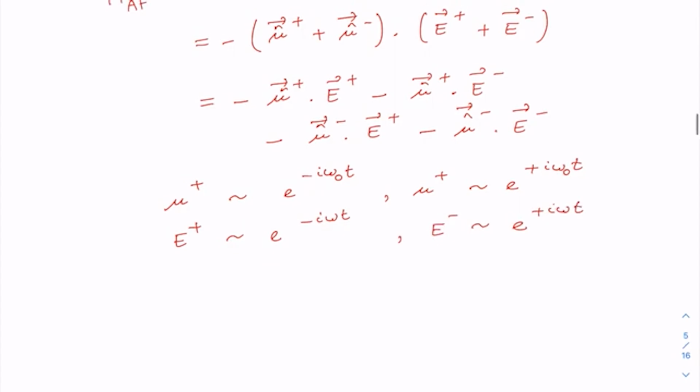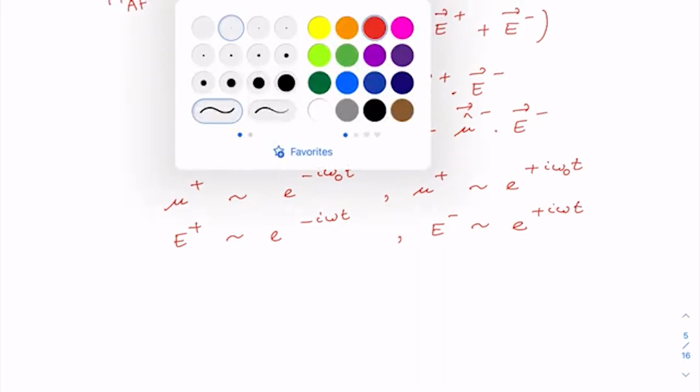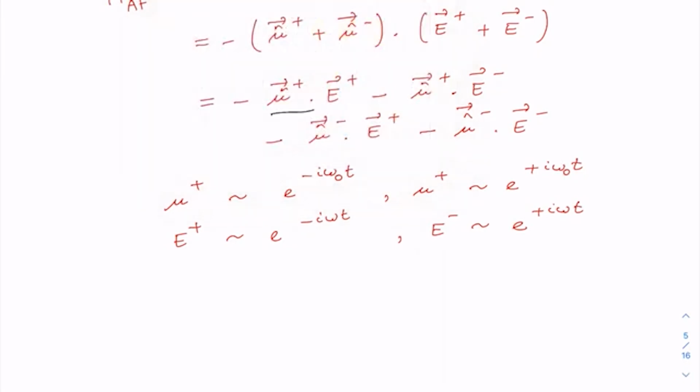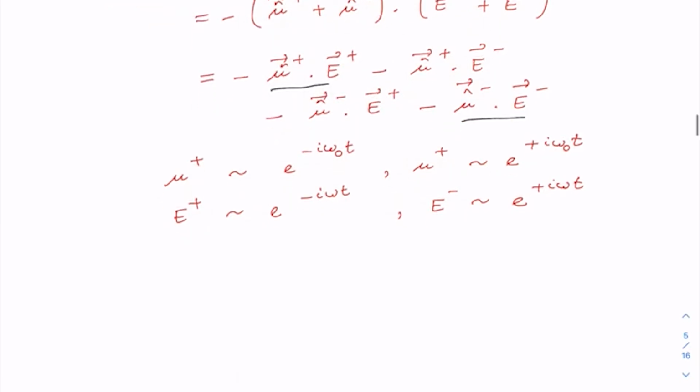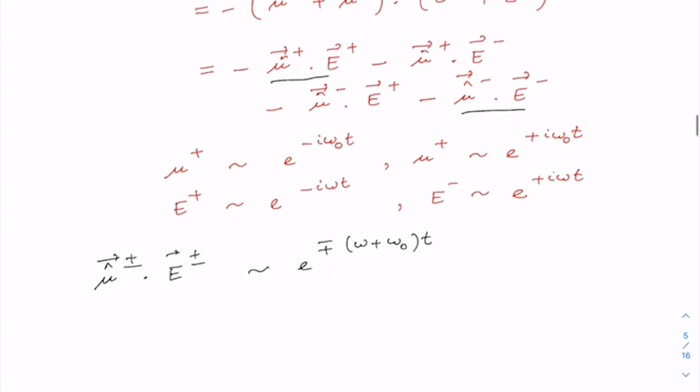So you can see that we have this term as well as this term, these two terms. Let me write here, μ+·E+ and μ−·E−, these two terms vary as e to the power minus or plus i(ω+ω0)t.